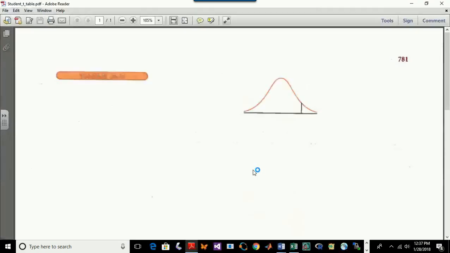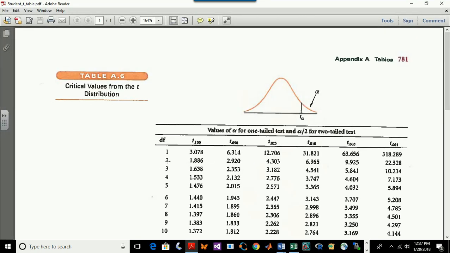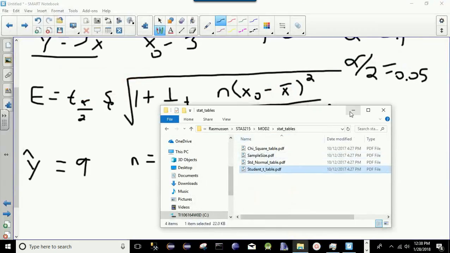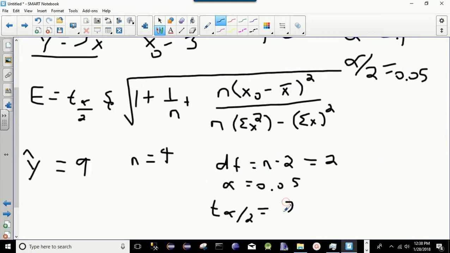So DF is 2, and we need 0.005, so our T statistic is 9.925. No, our alpha, I'm sorry, our alpha is 0.5, right? Alpha is 0.5, so it's 2.92. So our T statistic is 2.92. Okay, so I'll close that. So this would equal 2.92.